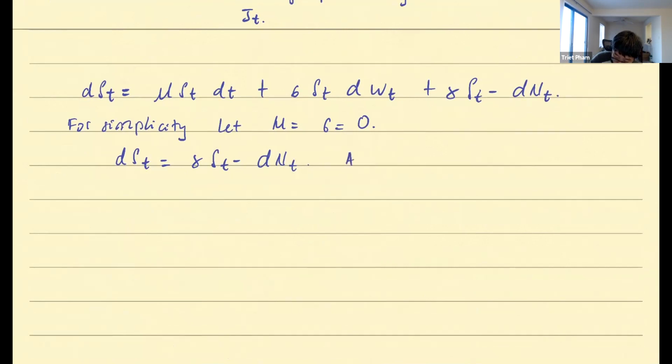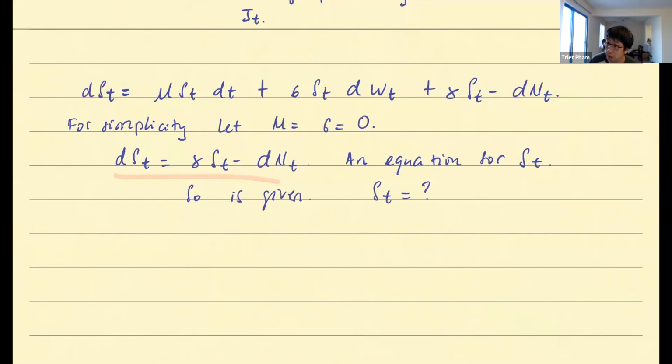This is an equation for S. So suppose that S0 is given. The obvious question is we want to solve for S_t. So this is our stock model, our stock model with jump. If it's given like this, what is our stock price?